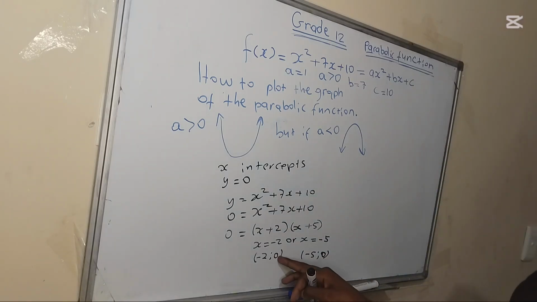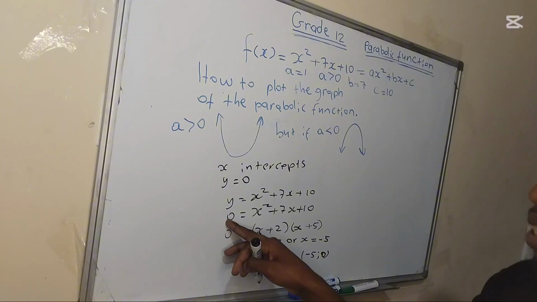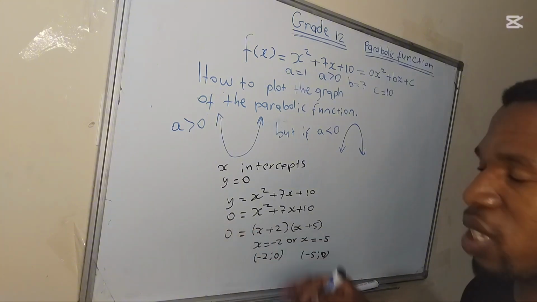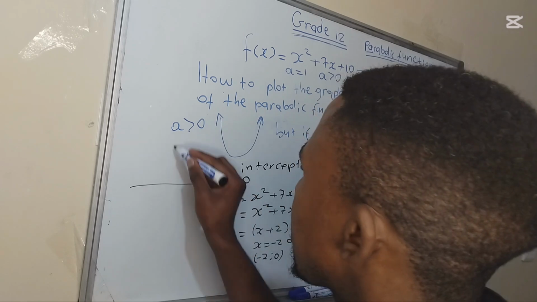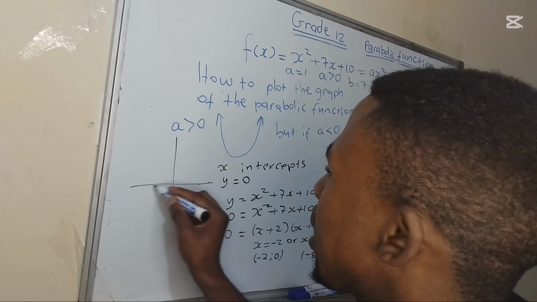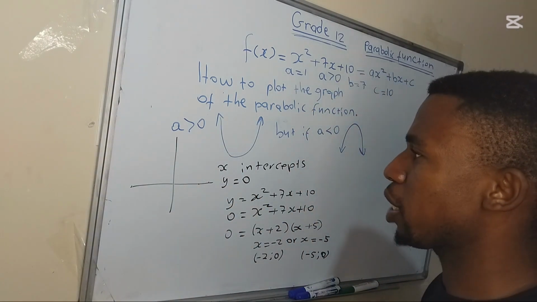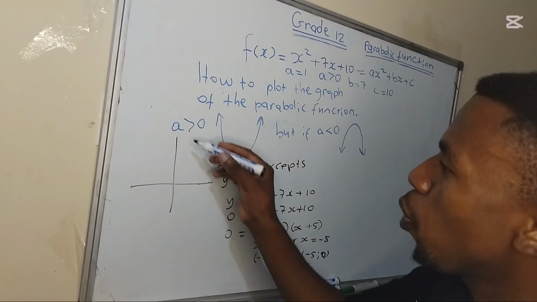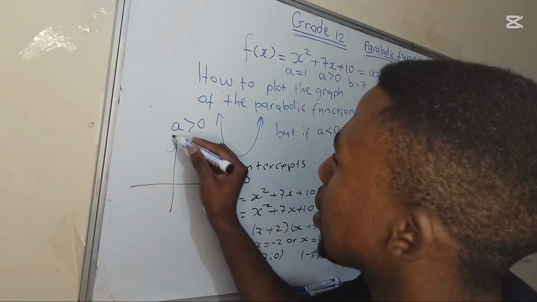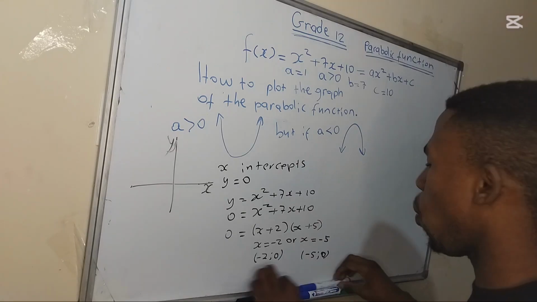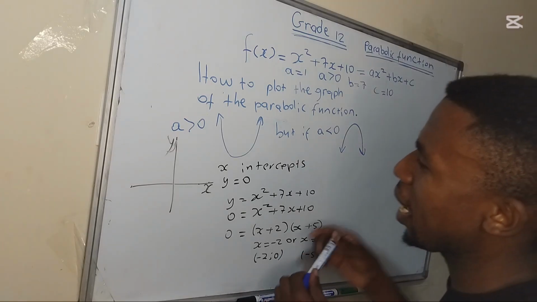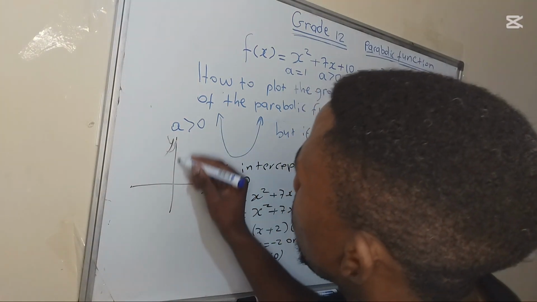Because on top of the x-axis, our y is equal to 0. But when it comes to the y-axis, remember we have our y-axis, we also have our x-axis. On top of the y-axis, our x is equal to 0.